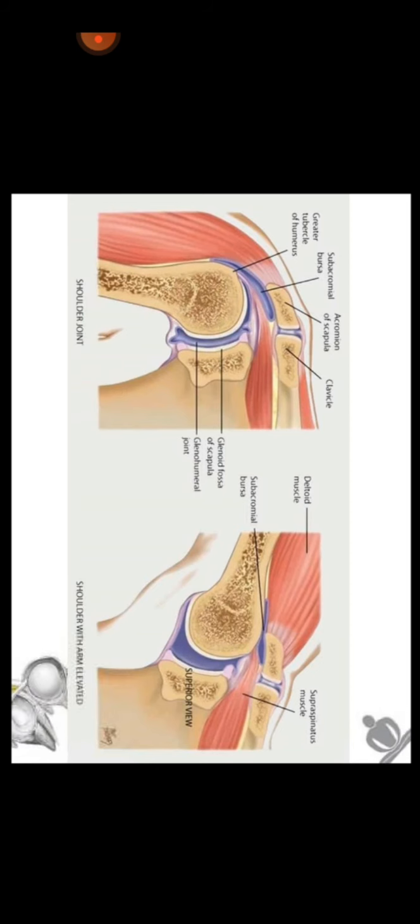Or you can see butterfly type of swimming. In these cases, repetitive use of the shoulder is done, and it may result in microscopic damage to the tissues under the coracoacromial arc.